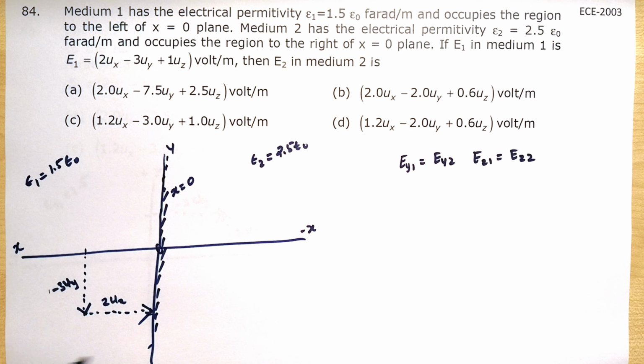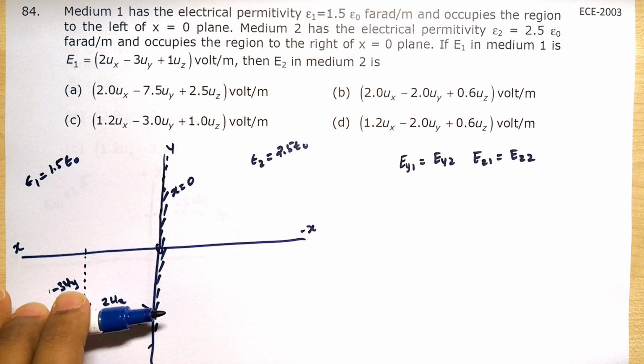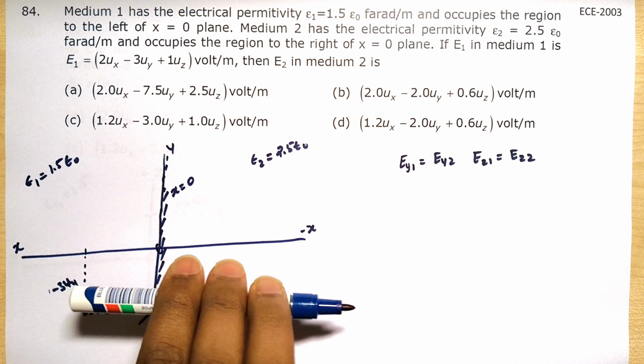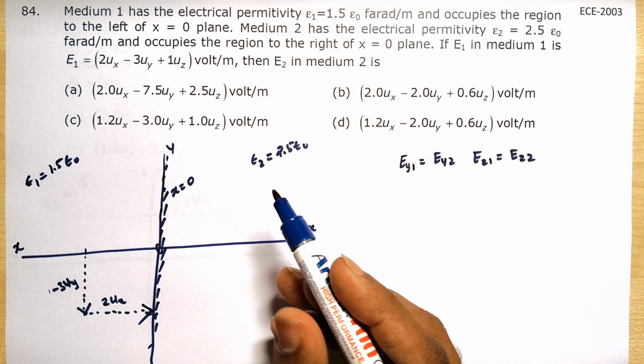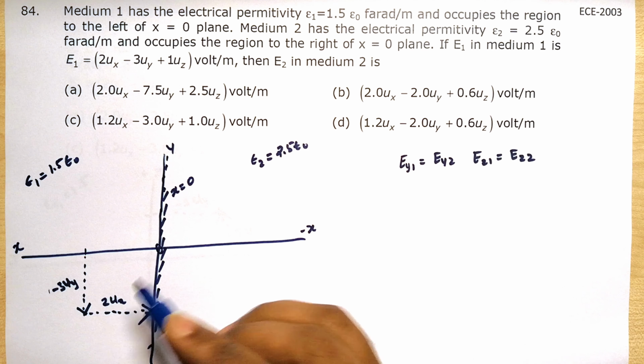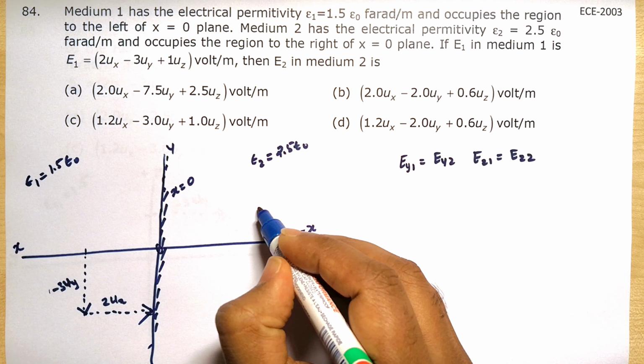However, since this vector along the x direction is incident normal to this x equal to 0 plane, it is not continuous, and we have to find what that would be in the second medium. In the second medium, we have established that since the tangential electric field components are continuous, the electric field along y and z direction are similar.